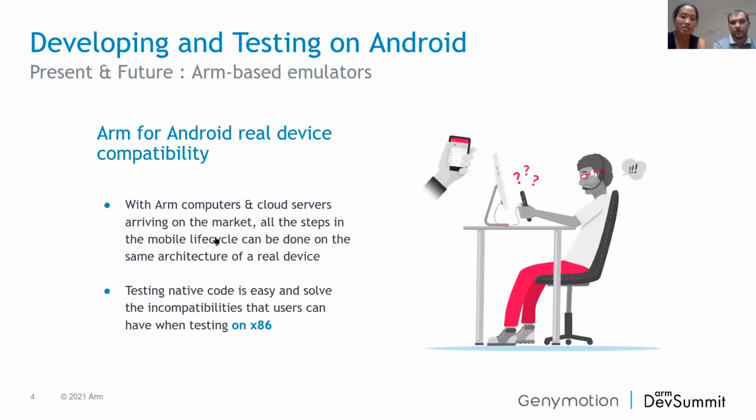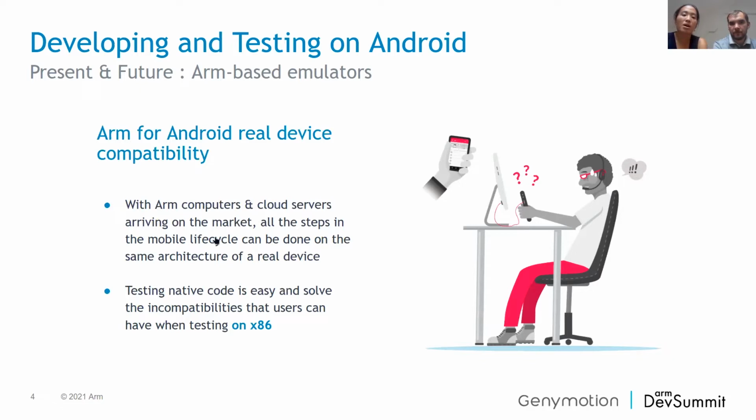But this is changing. For a few years, ARM-based computers and cloud servers have been arriving on the market. And since last year, the number of these devices keeps increasing rapidly. In the Android development world, there are a lot of people who are using Mac computers, and Apple shifting to ARM for its Mac computers is certainly accelerating the spread of ARM computers.